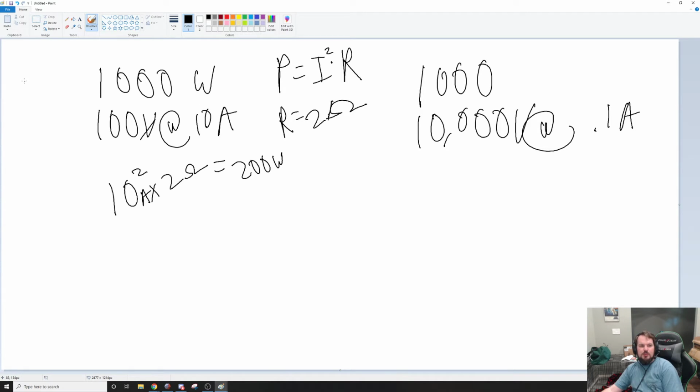So we're going to have to produce 1,200 watts of power to get 1,000 watts of power at the load.